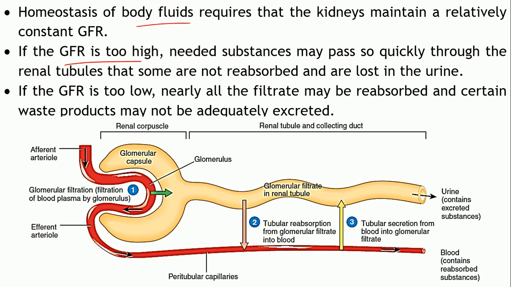Supposing this filtration is taking place at a very fast rate, more than normal, more than 125 or 105, what will happen? If this rate is fast, obviously the fluid will travel through these tubules very fast, right? So it will pass too quickly through these tubules.